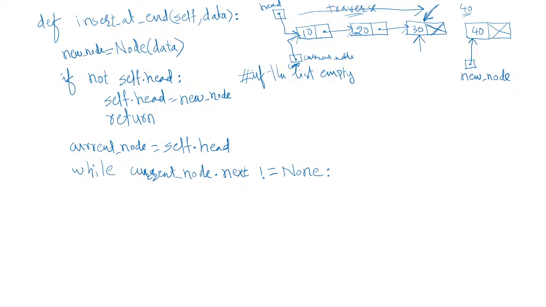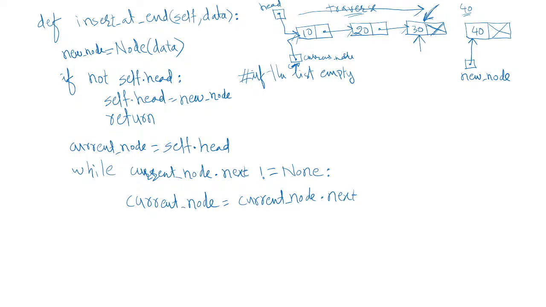So then go to the next node. Now you say current node is equal to current node dot next. That means we are asking the current node to go to the next node. That is the meaning here.